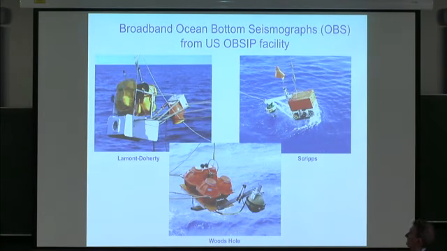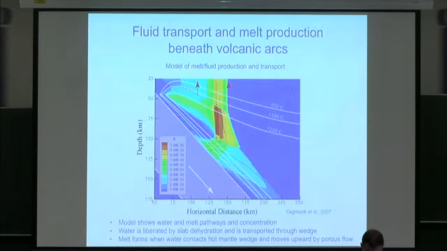These use ocean bottom seismographs from the three US equipment pool organizations, which are slightly different, but they all involve broadband sensors that can remain on the ocean bottom for up to a year, or now I think up to 18 months.